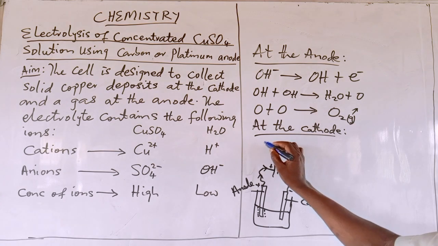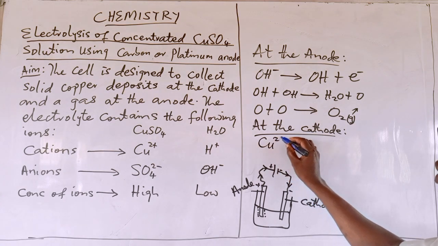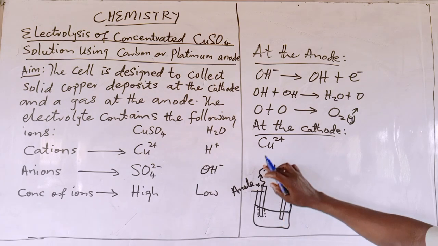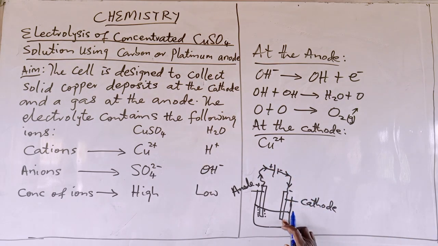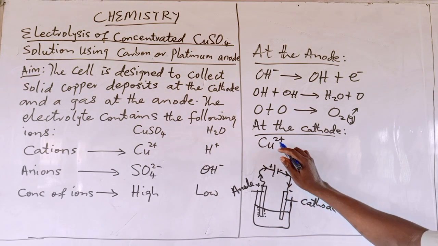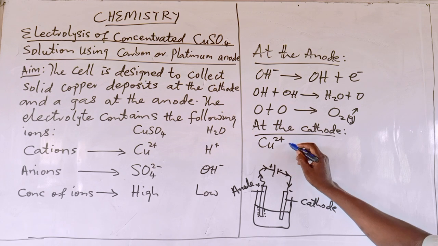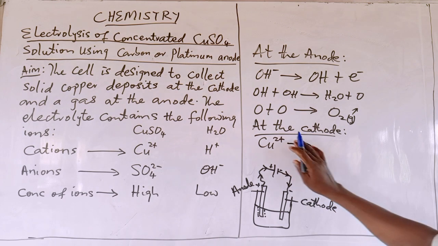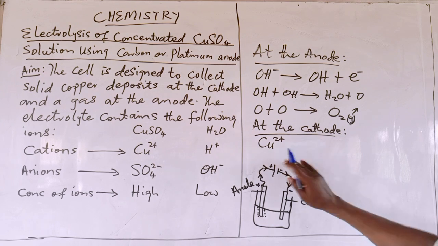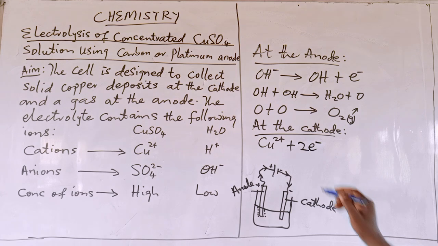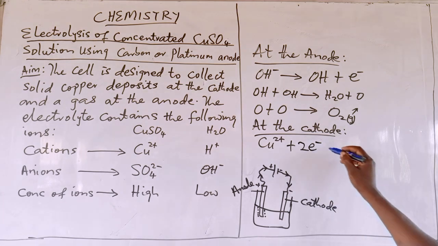So now the Cu2+ in this solution will move down here. Those electrons that are flowing down, it will obtain 2 because it has lost 2 electrons. Remember I told you e- stands for electron.